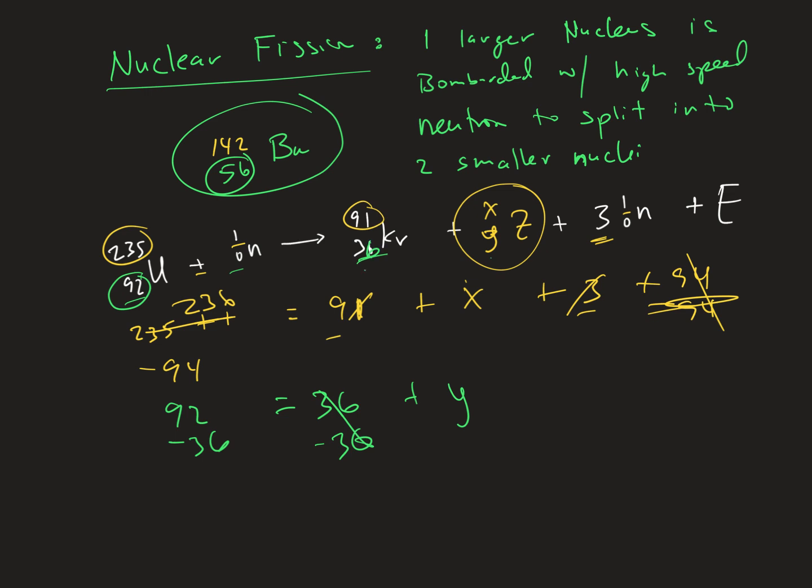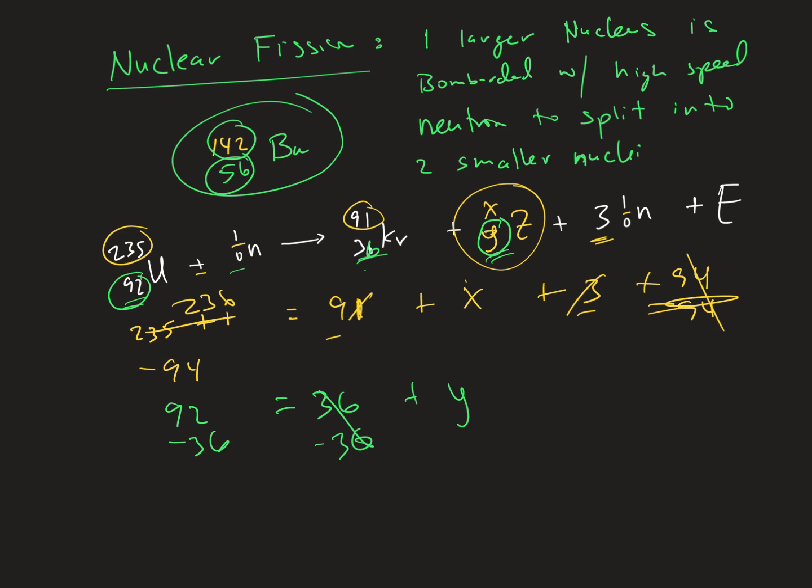So 36 plus what number is 92? 56. 56 is the Y, this bottom number. These are just random letters. I didn't have to use X, Y, and Z. I can use whatever. And the top one was X. I solved for X here and I got 142. Does it make sense how I got that?